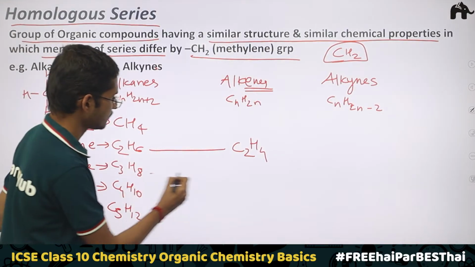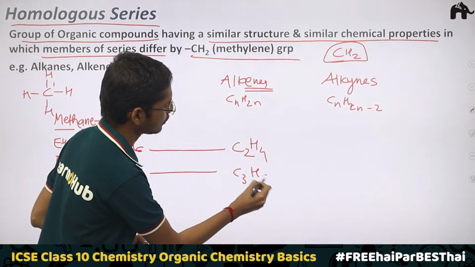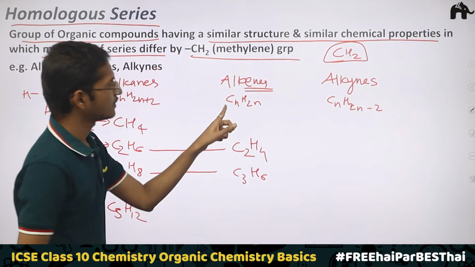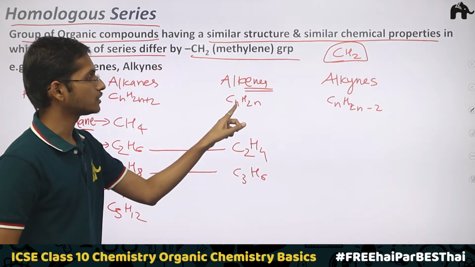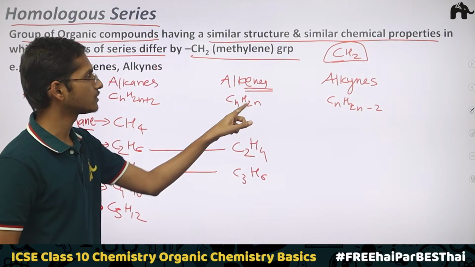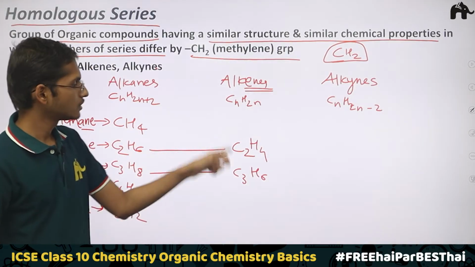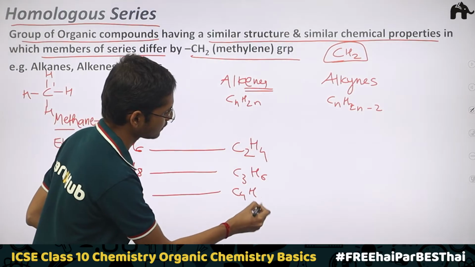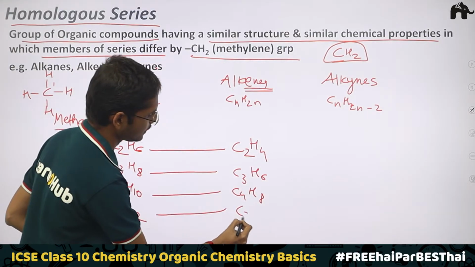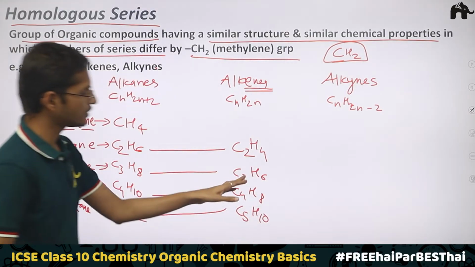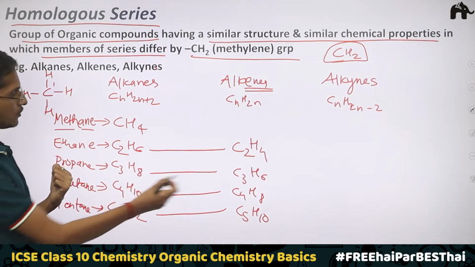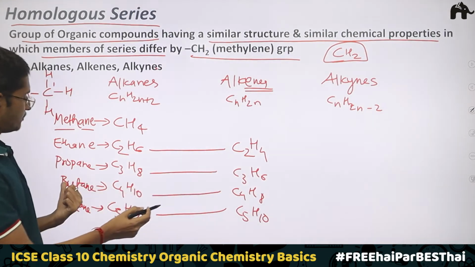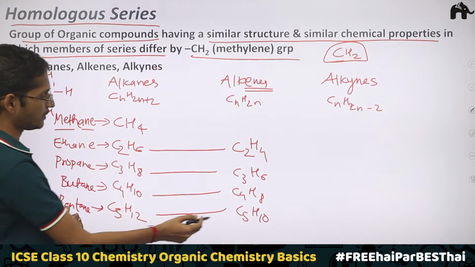In the same way, C3, H6. The number of hydrogen atoms is twice the number of carbon atoms, 2 into n. So C3H6, C4H8, C5H10. Names would correspondingly be, since it's propane, propene, butene, pentene.